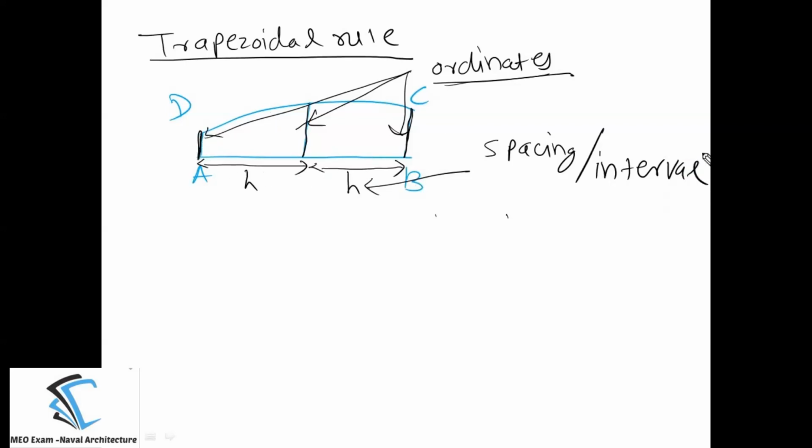So what are we going to do now? Consider that now there are three ordinates and there are two intervals.